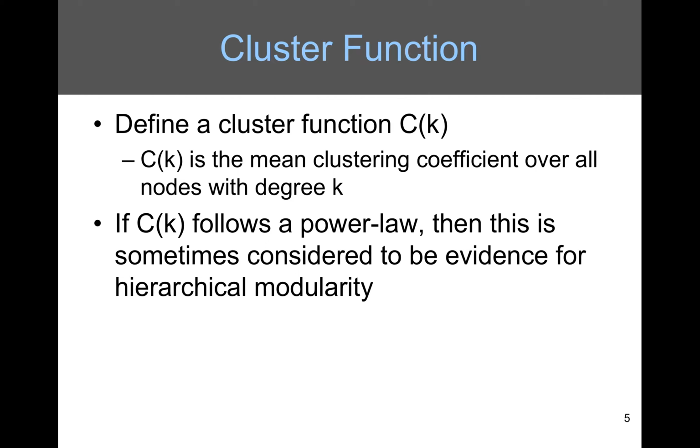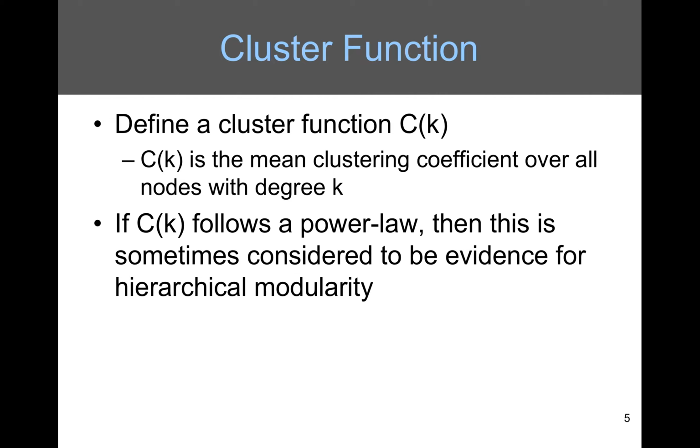And essentially you create a function where k is the degree and C(k) is the average clustering coefficient of all nodes having that degree. And if you look at the shape of that function, if that function looks like a power law, and remember we talked about power law in the context of degree distributions, but here you can talk about power law in terms of the clustering coefficient distribution.